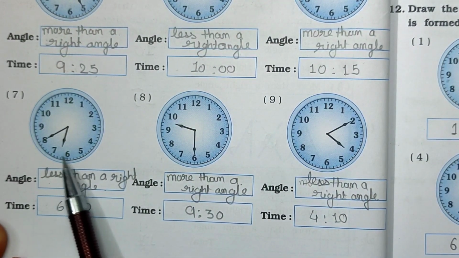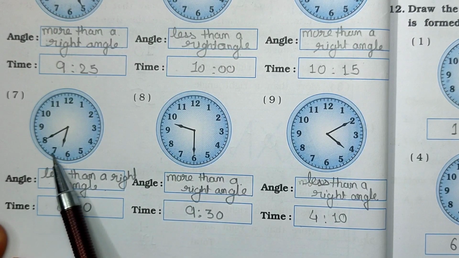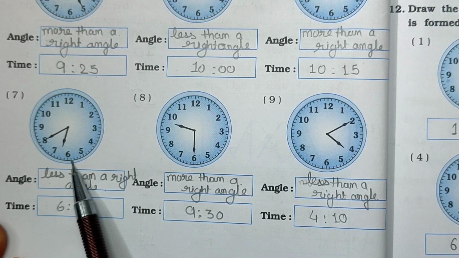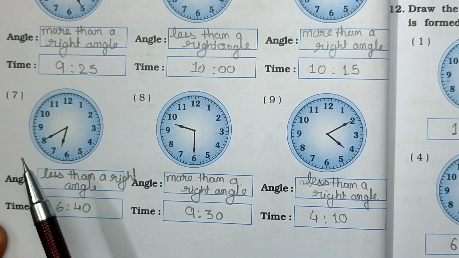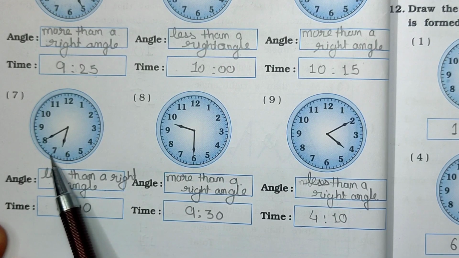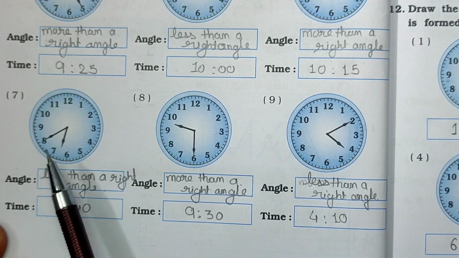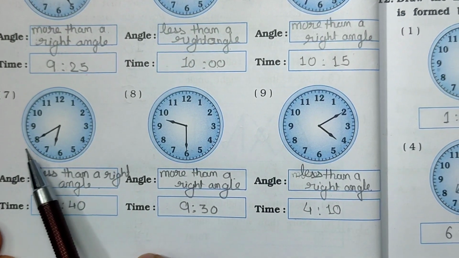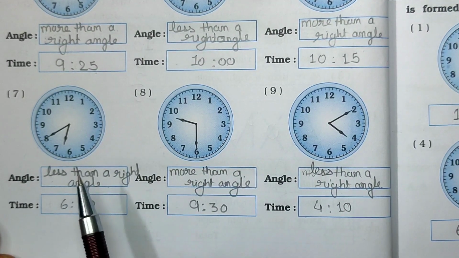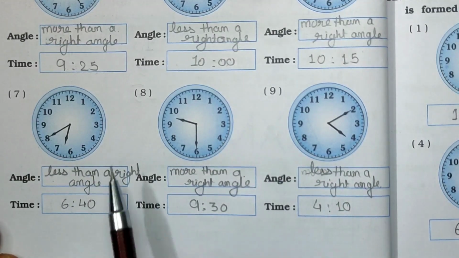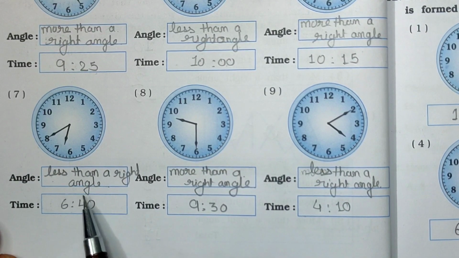Hour hand is in between the 6 and 7 and minute hand is on 8. So you have to consider the time. 6:30 से बढ़ गया. Okay, so here on 7 it's 6:35 and on 8 it's 6:40. So time is 6:40 and angle is less than 90 degrees. So you have to write down here less than a right angle.